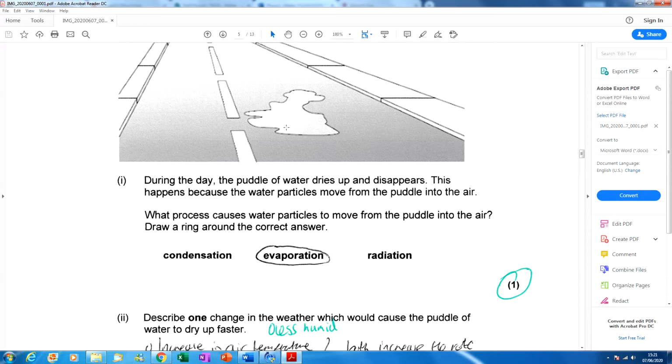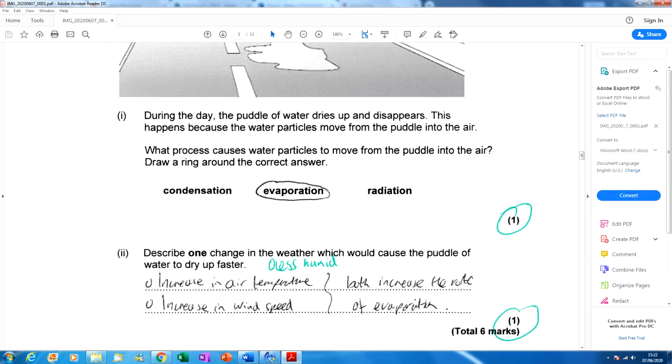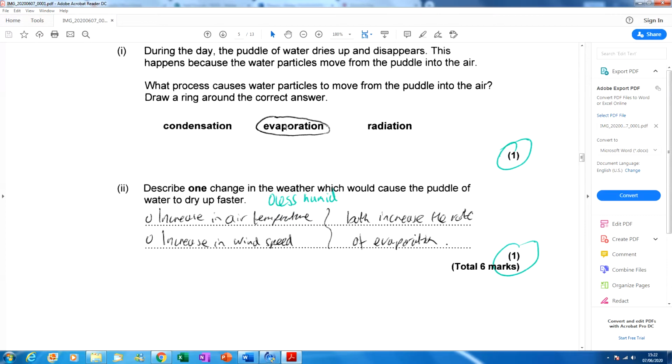It might affect the rate of evaporation, but it's a process of energy transfer and not particles changing state. So evaporation, just in passing, is different to boiling, because evaporation only happens at the surface of liquids, and it doesn't happen at boiling point. It happens far beneath boiling point.